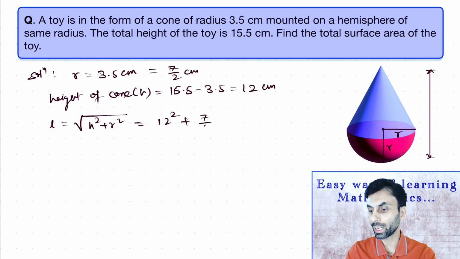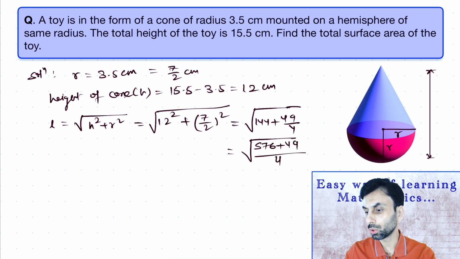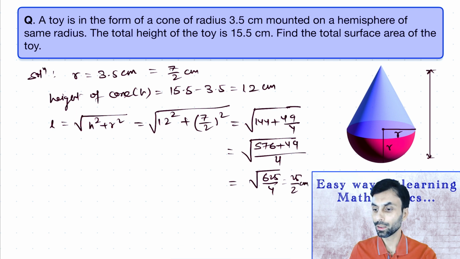So we can write this one as square root of 144 plus (7 upon 2) whole square, which will be equals to square root of (576 plus 49) upon 4, which will be equals to square root of 625 upon 4, and that we can write it as 25 by 2 centimeter.